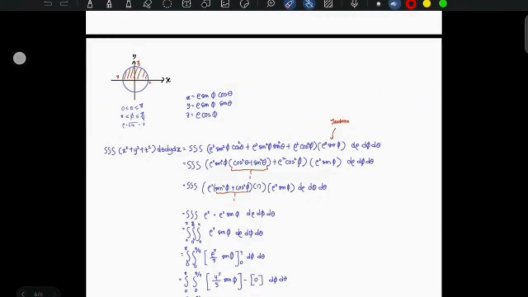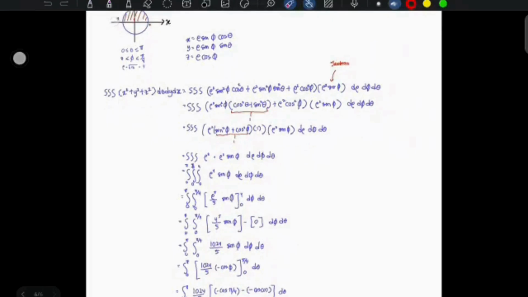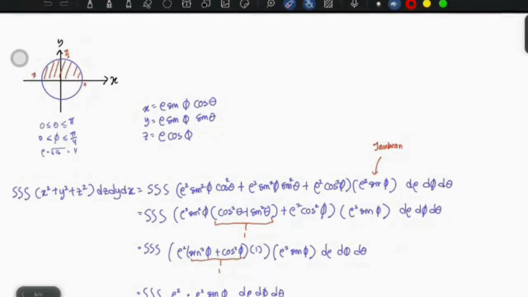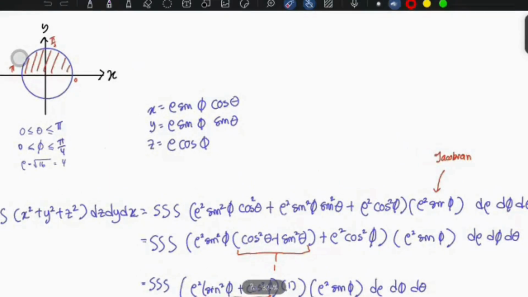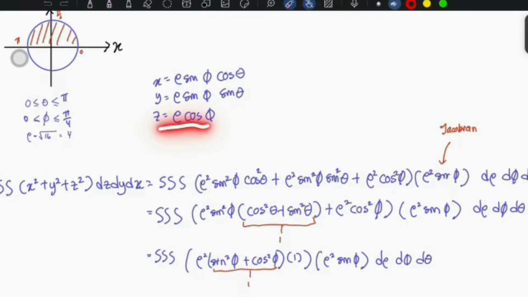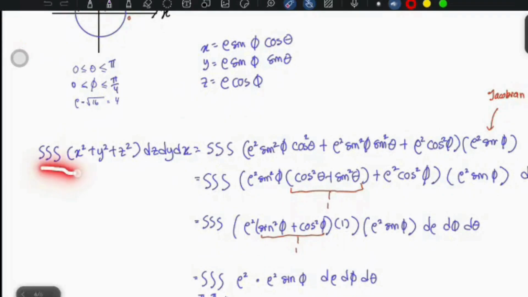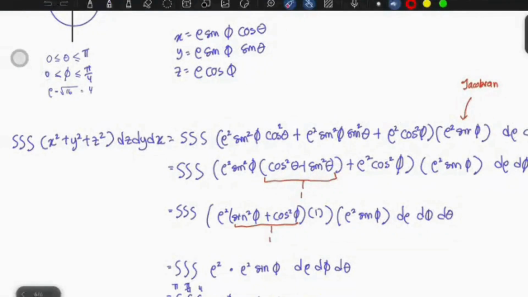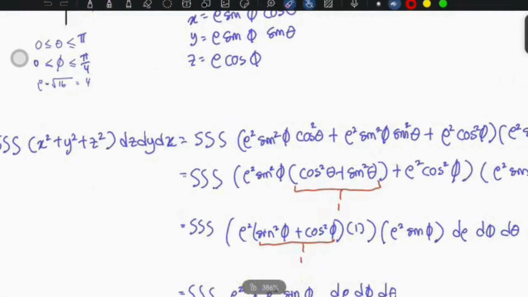After that, we continue with the calculation that I made before. To start, we change x, y, and z to spherical coordinates, where x equals rho sine phi cos theta, y equals rho sine phi sine theta, and z is rho cos phi. Then we put the given equation, the triple integral of x squared plus y squared plus z squared dz dy dx, where dz dy dx is dV.